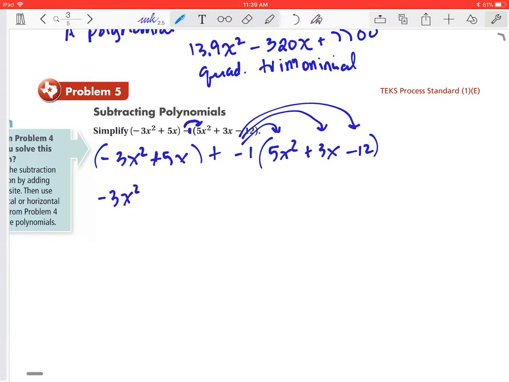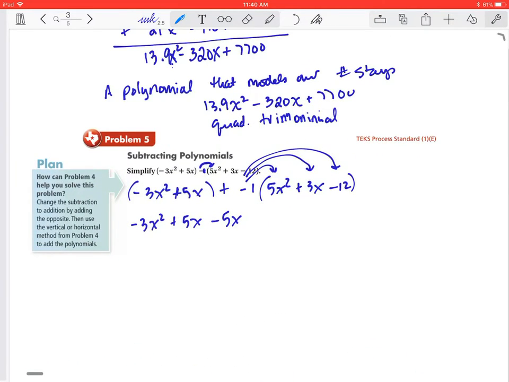This is going to give us negative 3x squared plus 5x plus negative 1 times 5x squared, which gives us negative 5x squared. Then negative 1 times 3x gives us negative 3x.